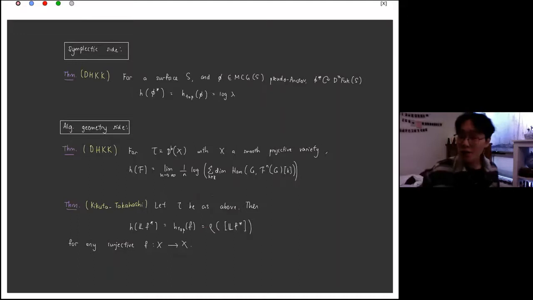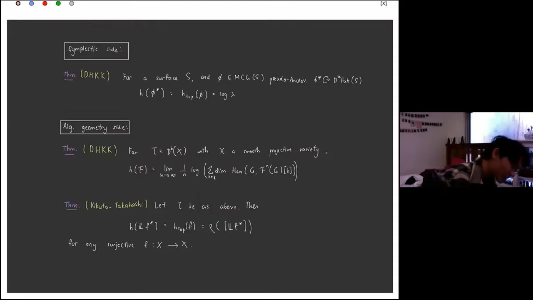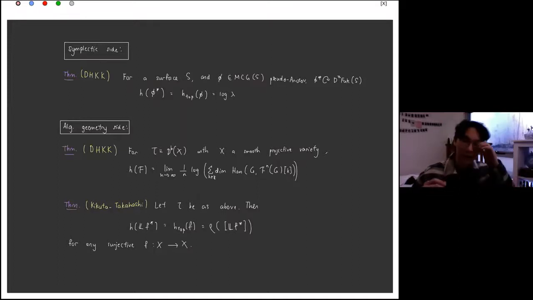So the original authors who introduced this notion of entropy, to motivate their definition, gave a theorem which says the following. Given a surface S and any element of the mapping class group which is pseudo-Anosov, I won't go through what pseudo-Anosov actually is, but you can think of it as follows: take any simple closed curve that you like, which is non-degenerate.